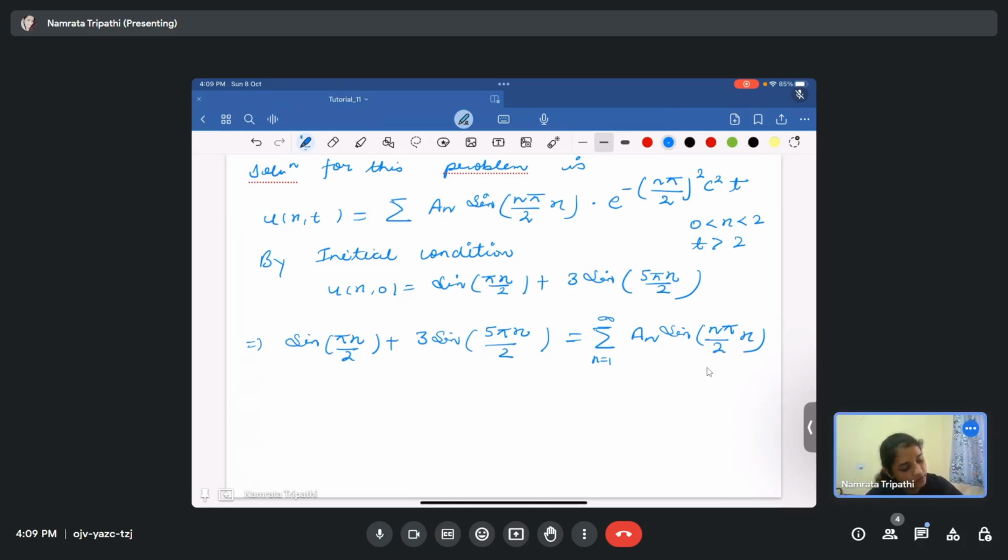Yes. Okay, so by comparing both sides, An is 0 for all n not equal to 1 and 5. For a1, when you put n equals 1, the coefficient of this is 1, so a1 is 1. And when you put n equals 5, you will get a5. The coefficient of sine 5 pi x upon 2 is 3. Fine. So we can write the solution.